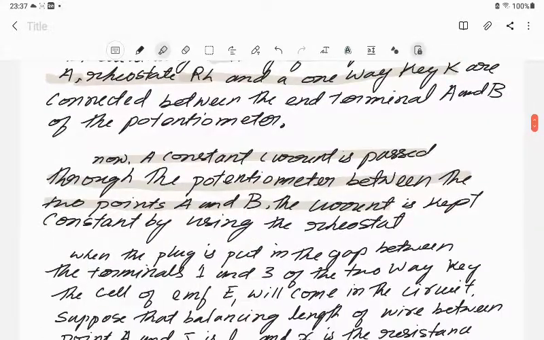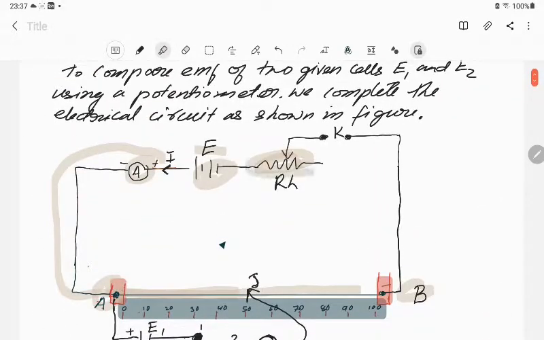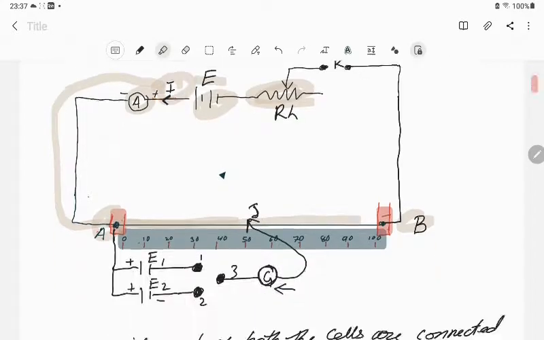And the current is kept constant by using the rheostat. So the purpose of the rheostat is to make a constant current.